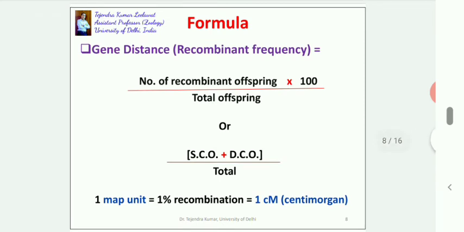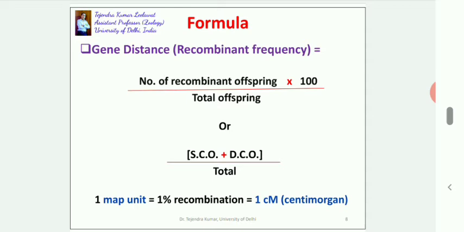Now some formulas, because I already told you that today we will discuss some numerical questions, so formulas are most important. What is the formula for map distance or recombination frequency? Whatever thing the question is asking, you put that on the upside, divide it by the total, and multiply by 100, and you will find the overall result.